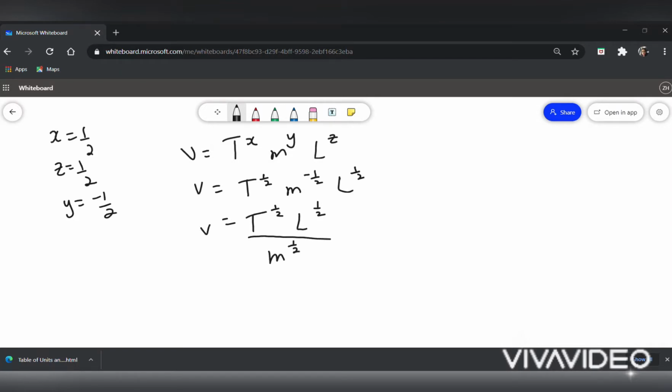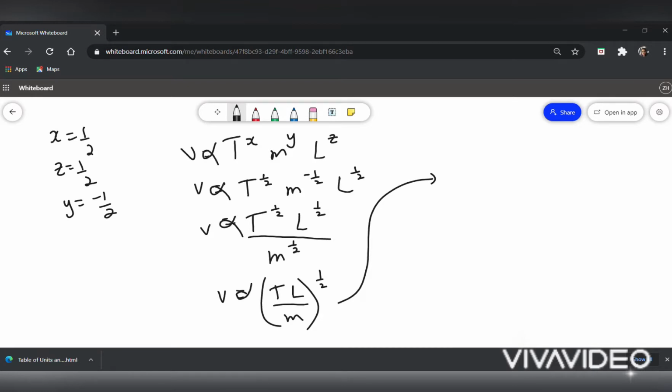And here's the best thing about all of this. They're all raised to the power of a half. There's a lot of math in this question, you'll realize, right? TL over m, all raised to the power of a half, can also be written as, I think I went and put them as equal signs and they were proportional signs. I'm leaving it as a proportional sign.